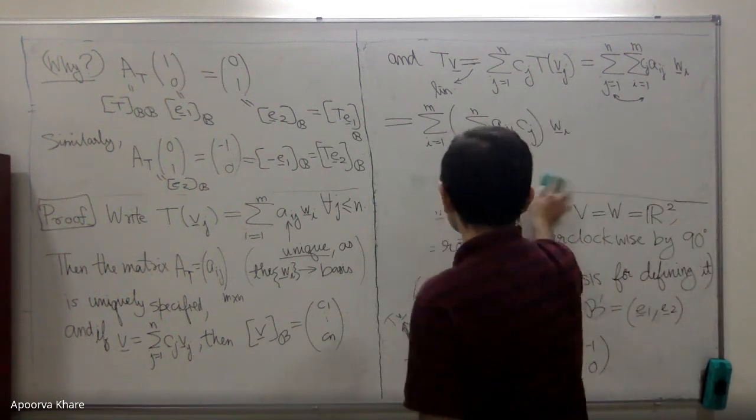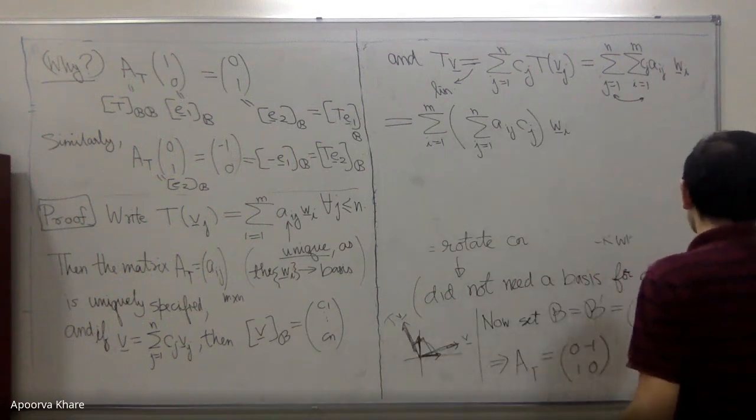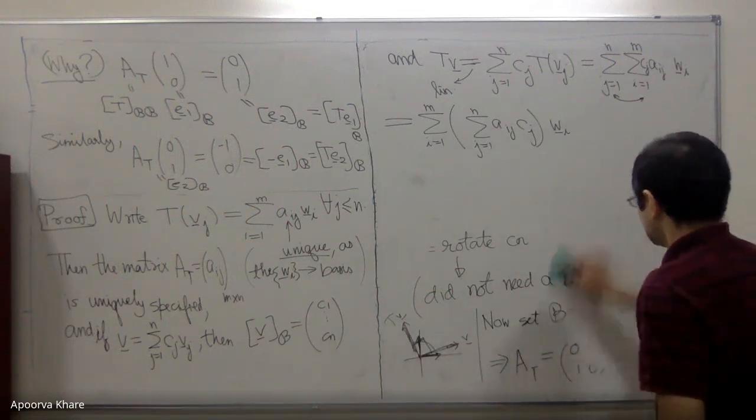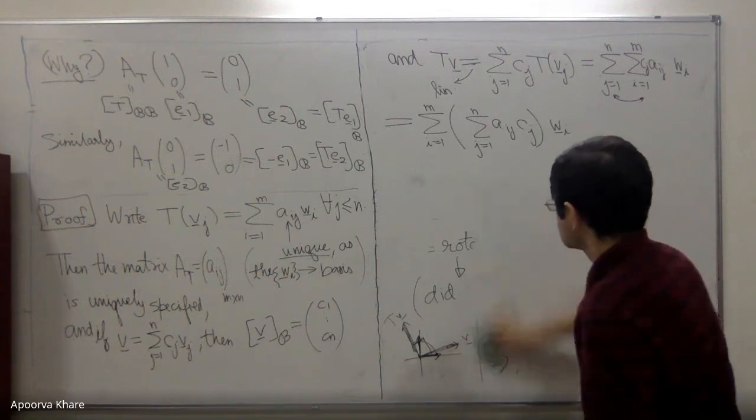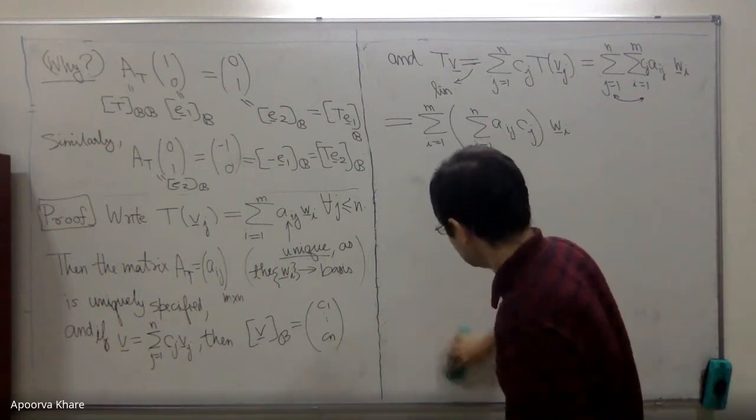This is what T of V is as a vector. So when I just write down the coordinates of each Wi together, what do I get? Let's see.